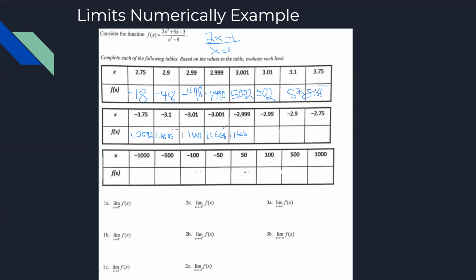So it's probably like 1.1667 or so. All right. And negative 2.99 is 1.1652. And then negative 2.9 is 1.1525. Sorry, I keep forgetting that one.